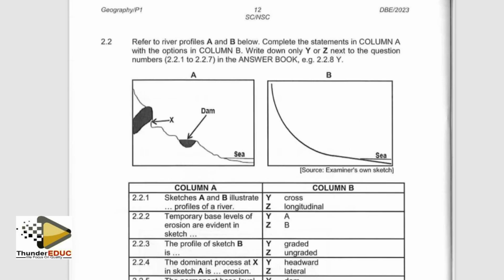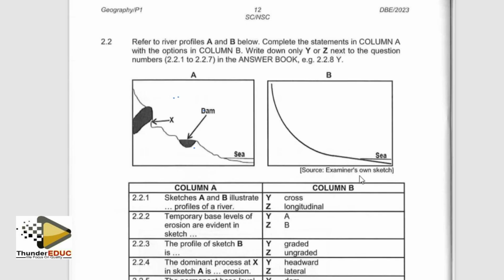This one is disrupted by a dam and by this hard rock, so there can be a waterfall here. So this is a temporary base level, and this is concave, which can come to a permanent base level. If it looks like this, that means there is a balance between erosion and deposition.